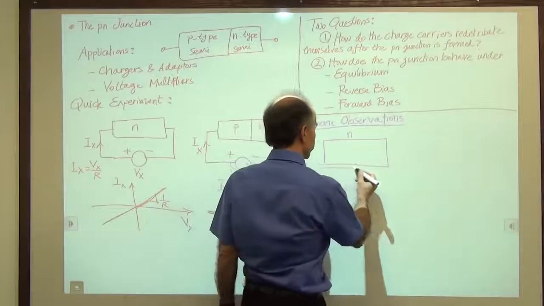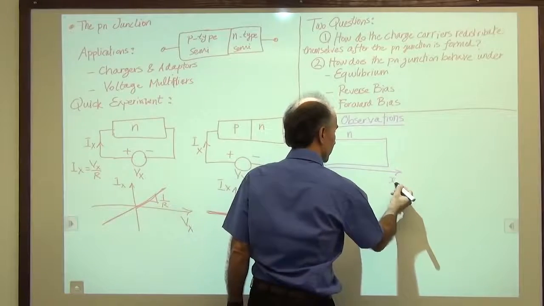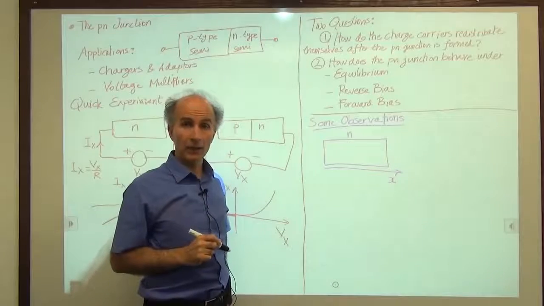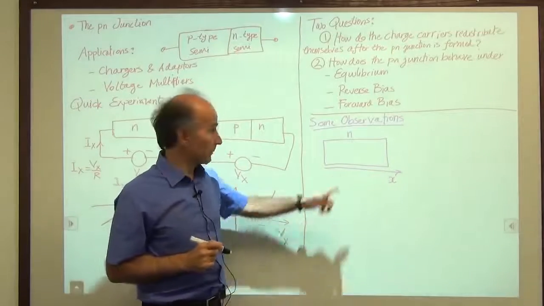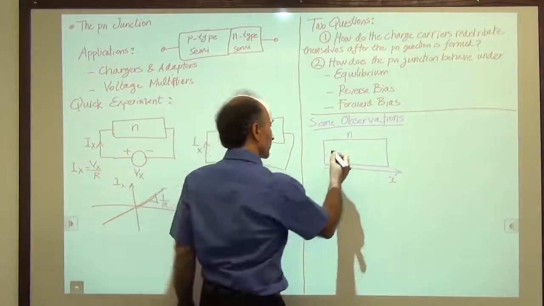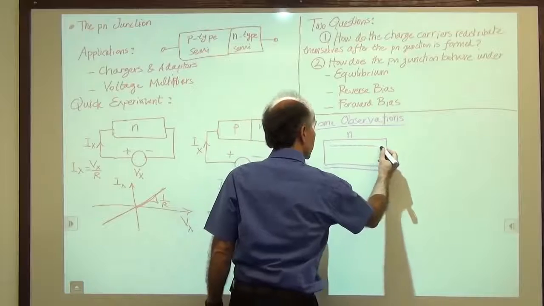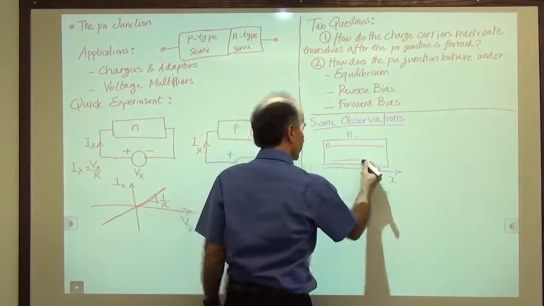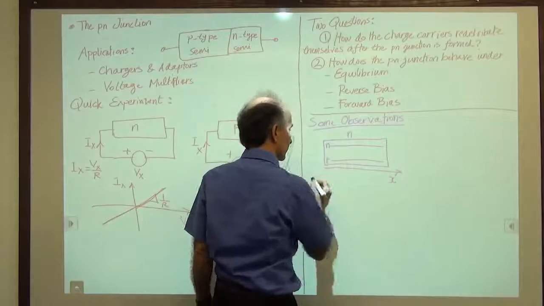So what do we see as a function of distance? Well, we know that we have lots of electrons and very few holes because this is an n-type material. So what we will see is that n is up here and p is down here.